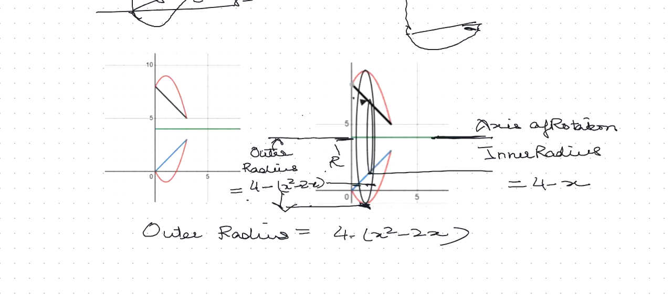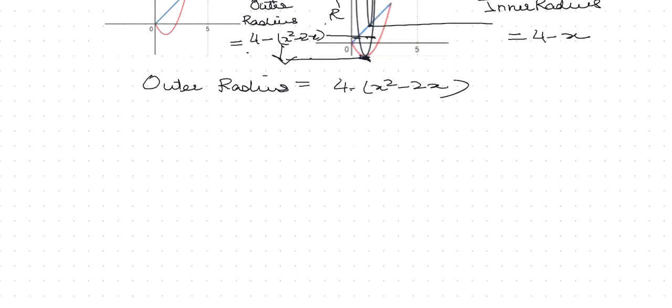So now we have to find the cross-sectional area to get the volume. So the area of the rings is given by pi times outer radius square minus inner radius square.